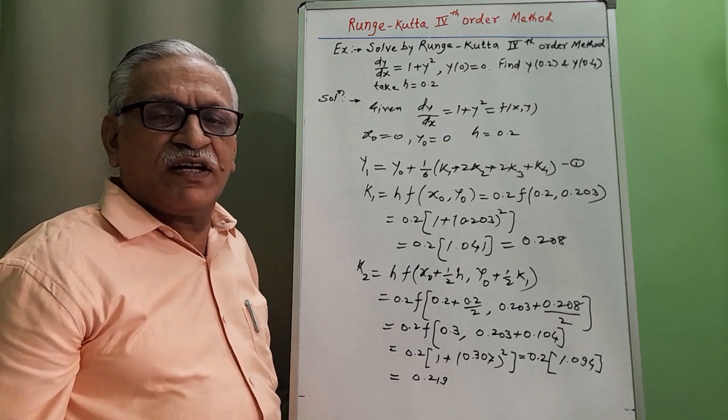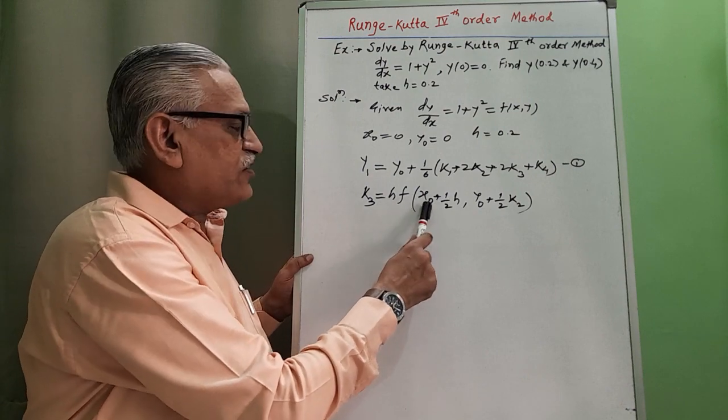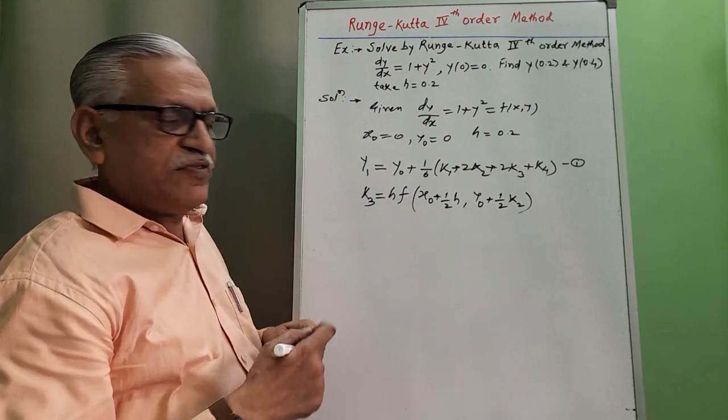Then we complete the calculation for k3, and k3 is obtained by h into f of x0 plus half h, y0 plus half times k2.